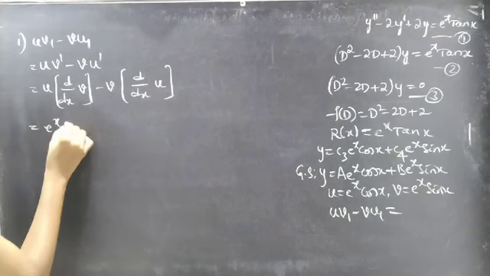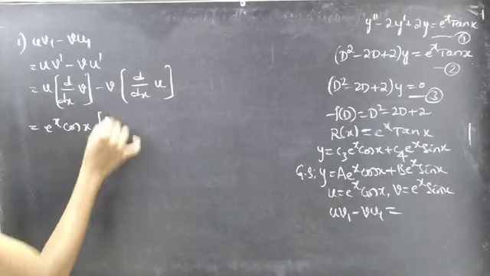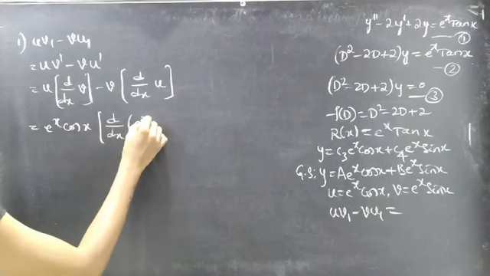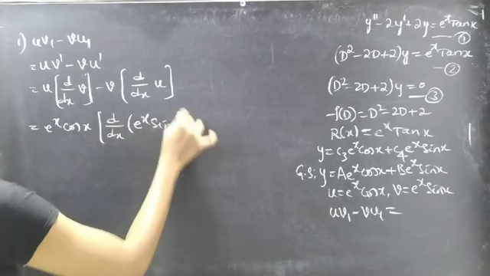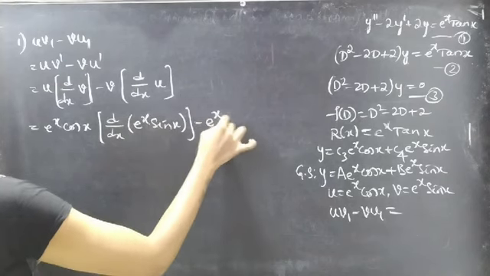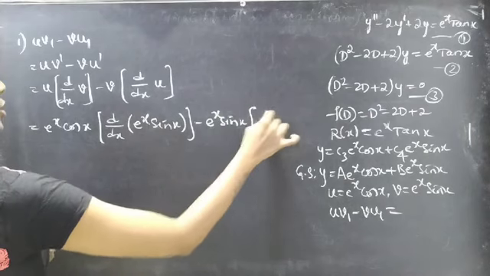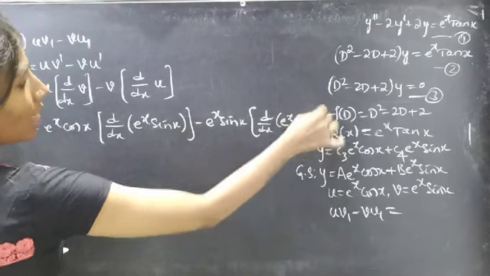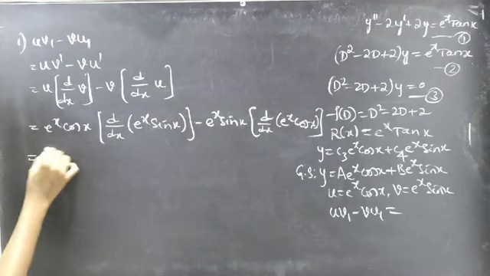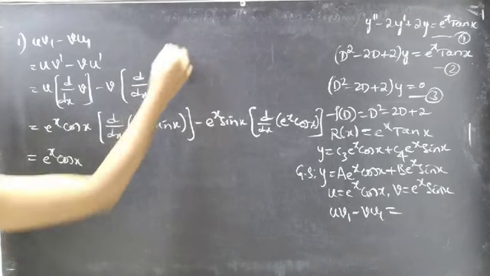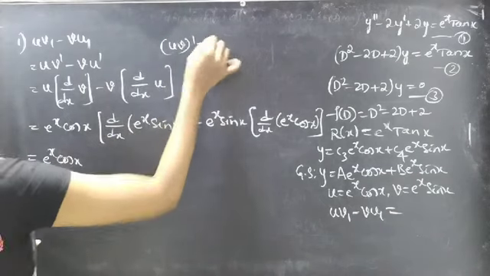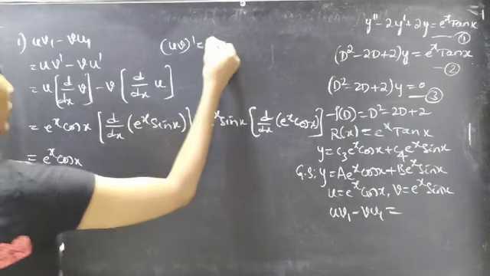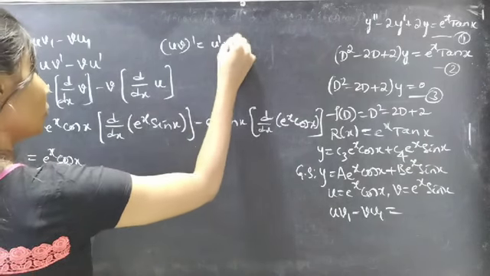So U is e power x cos x into the derivative of e power x sin x, minus e power x sin x into the derivative of e power x cos x, right? Here we have to apply the UV whole dash formula, since we need the derivative of a product of two functions.